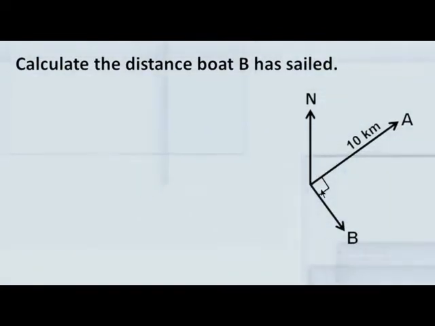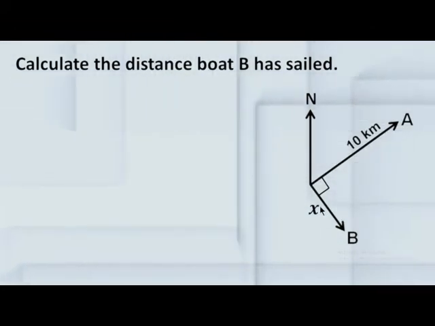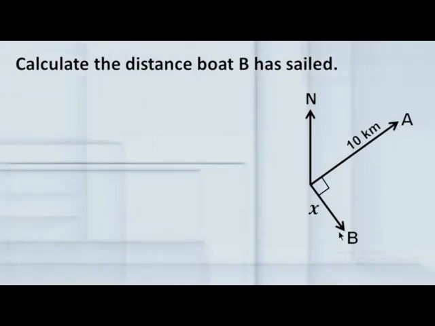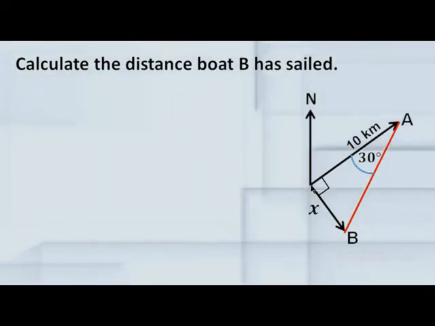Now we're going to find the distance boat B has sailed. So we're going to find the value of x. Remember, from the problem we know that the angle from the starting point to boat A to boat B is 30 degrees. We are going to find the opposite.